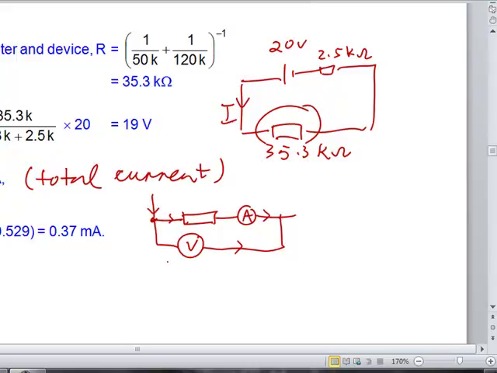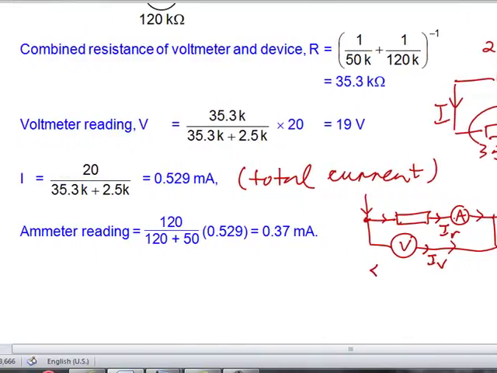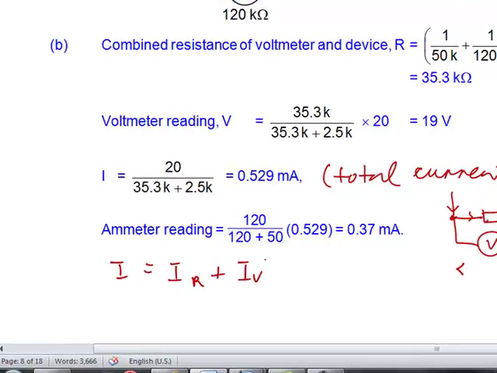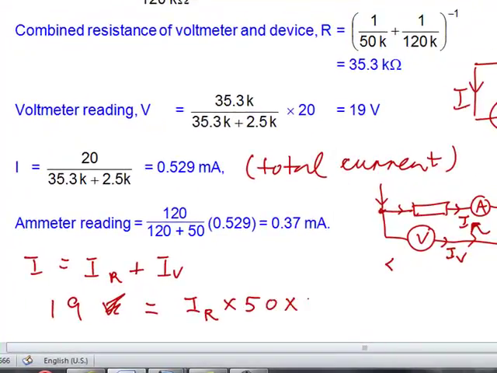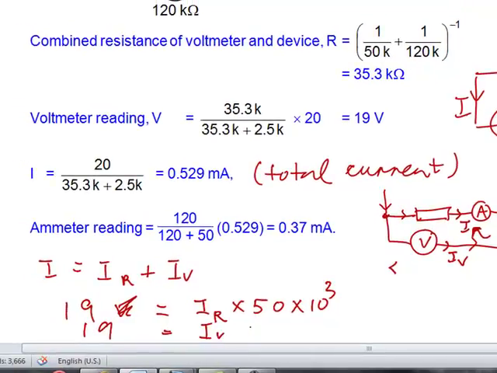Now, an easier way to see it is if I call this the current IV and this is current IR, I equals IR plus IV, and 19 volt is a common potential. 19 volt, which I can write 19 is given by IR times the resistance of 50 kilo ohm, and it's also given by IV times the resistance of 120 kilo ohm.